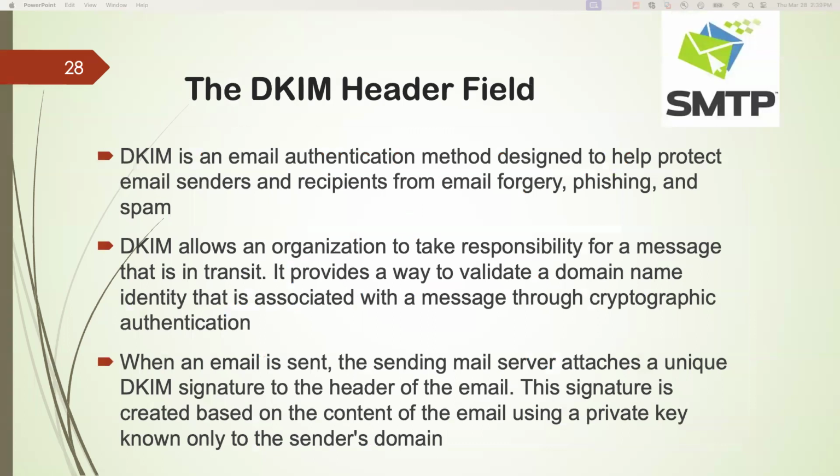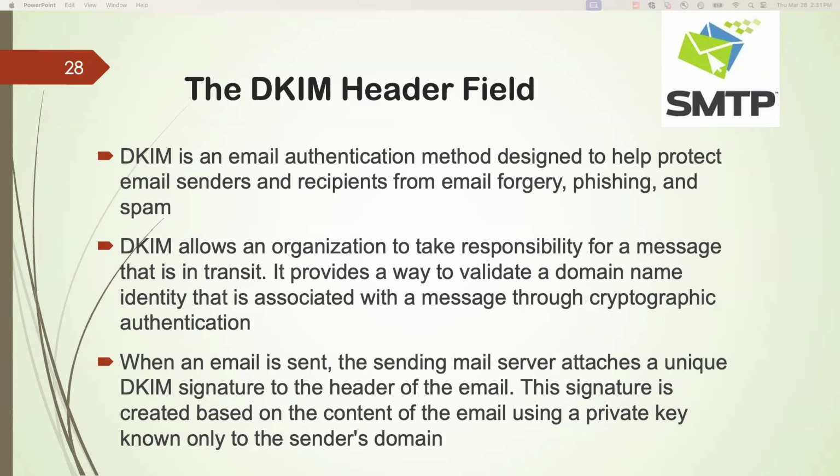The next thing is DKIM, which is DomainKeys Identified Mail. Basically, organizations use public and private key encryption in order to sign the outgoing emails from their domains. For example, GVSU will have a public and a private key.